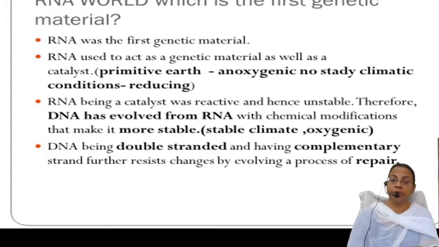Then the presence of thymine, and the absence of OH at the second carbon, which is an H group, making it less reactive.